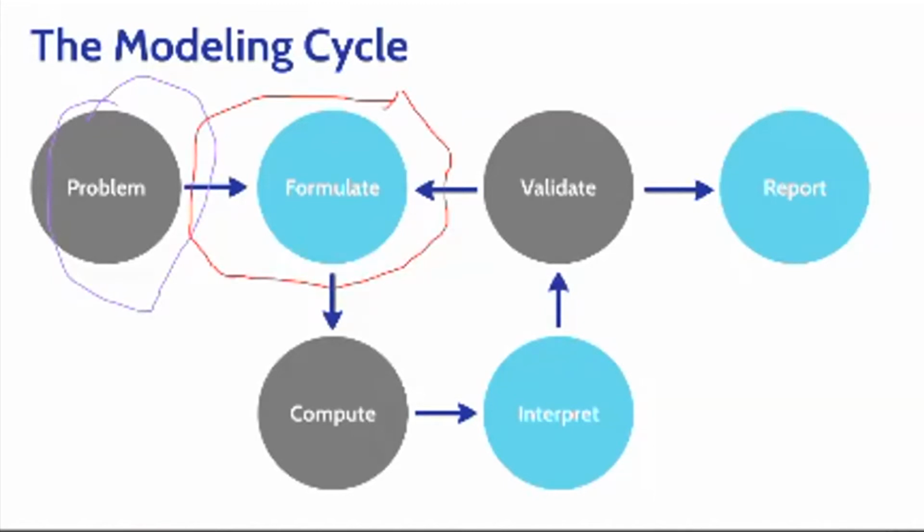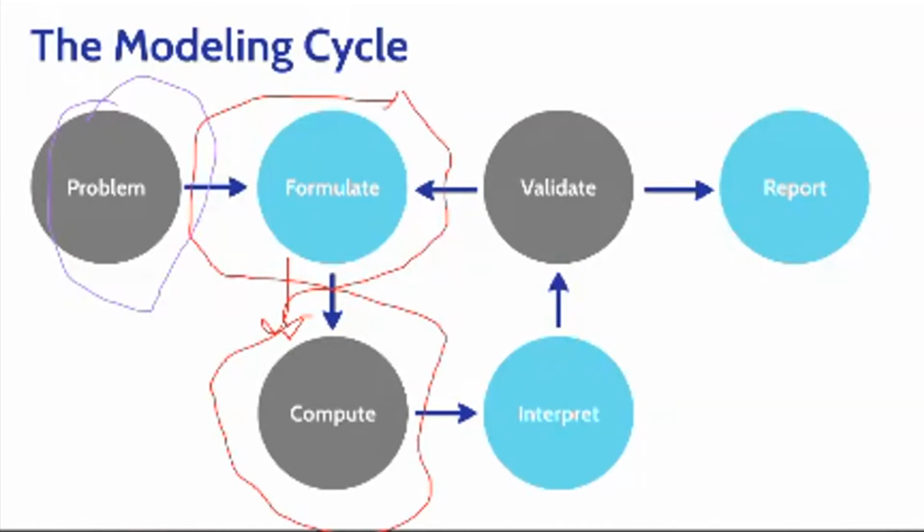If you want to, you can just write out this: problem, formulate. You don't have to do the definitions yet, because we'll go through the definitions of each. After we formulate, we're going to compute to determine what our answers to the problem would be mathematically.